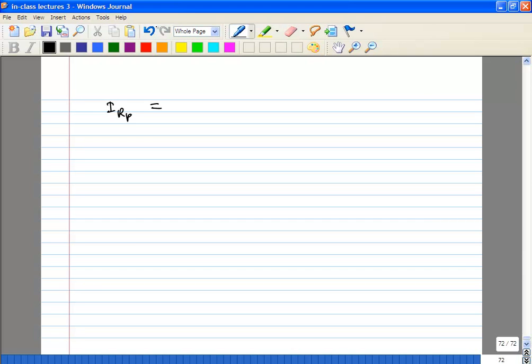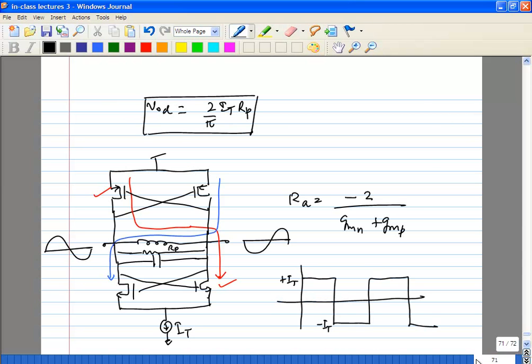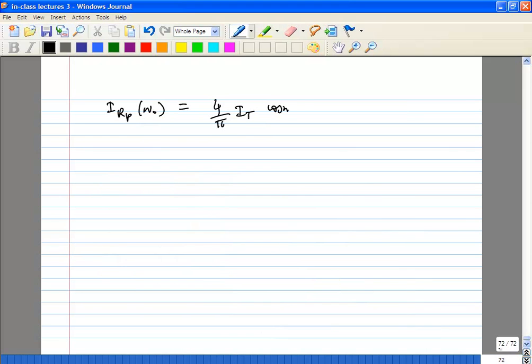So what is the fundamental? In this case the cosine. I think in fact in the other case also the way we drew it was a cosine.